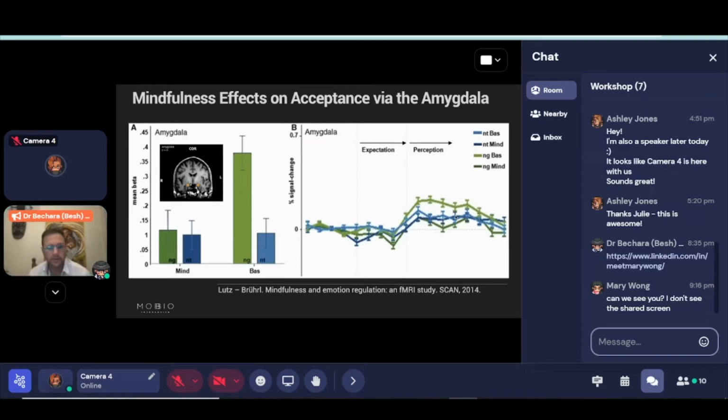But it's a dumb part of the brain because it doesn't have on its own a lot of context. It's not part of the cortex in a way that it can integrate and provide rational responses, right? Like your response to a snake or a spider or somebody insulting you.